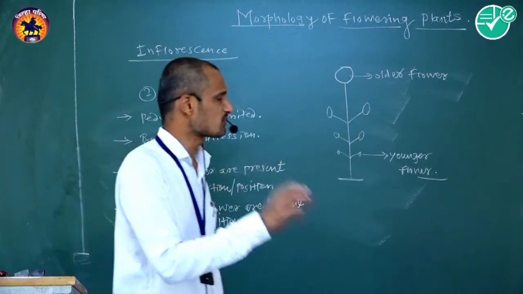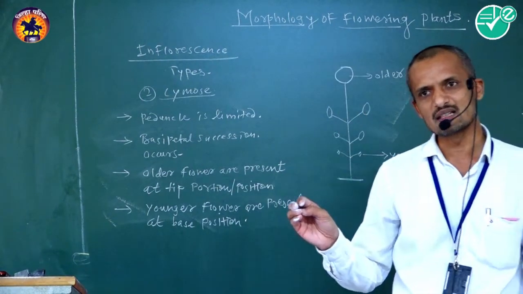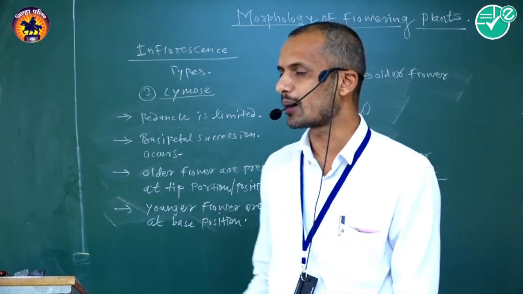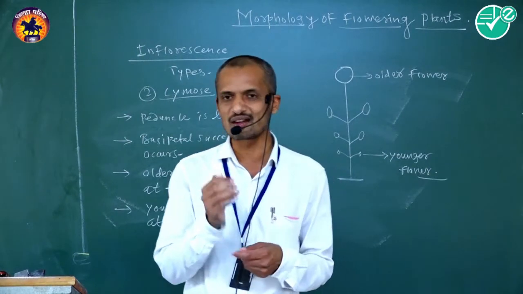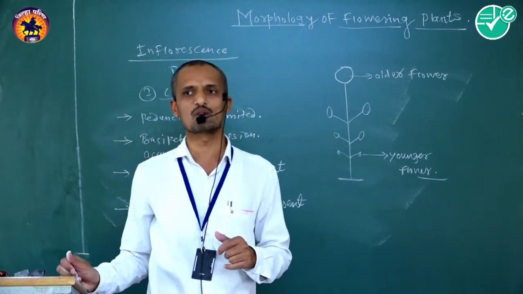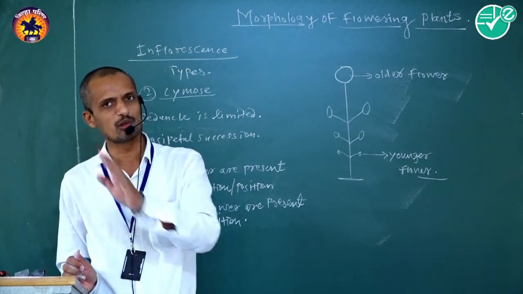Racemose inflorescence means the older flowers are present at the base and younger flowers are present at the apex portion of the inflorescence axis, that is they are arranged in an acropetal manner. In this inflorescence, the growth of the peduncle is unlimited.